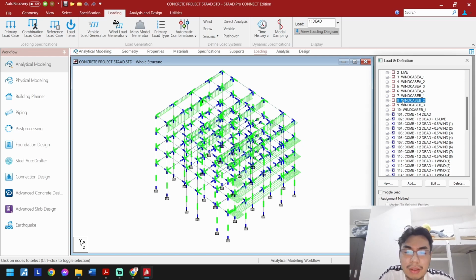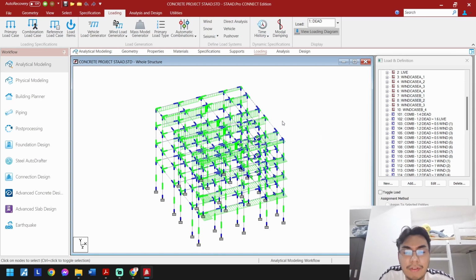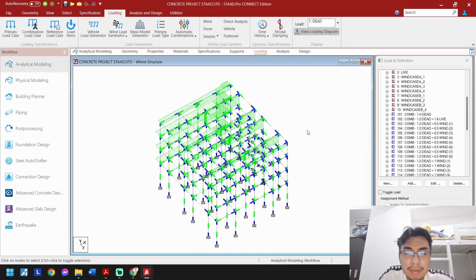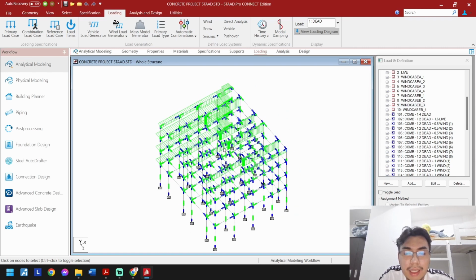Then for the case B2, it is also on the front side, but the maximum wind pressure is on the right side. Then for the case B3, the maximum wind pressure is on the rear right side. And for the case B4, it is now located on the rear left side of the building.